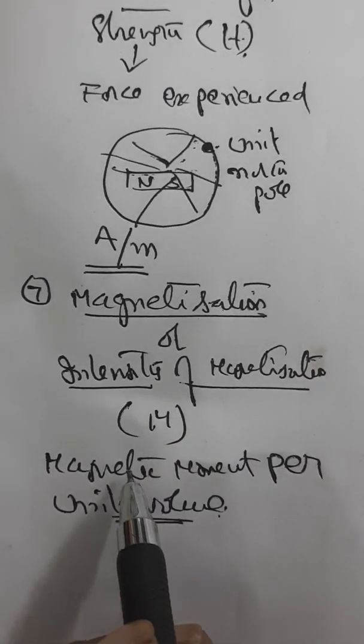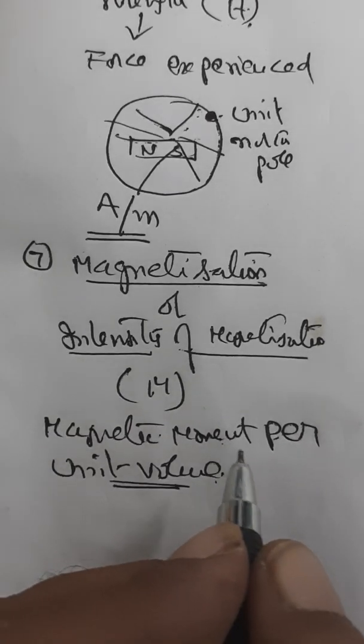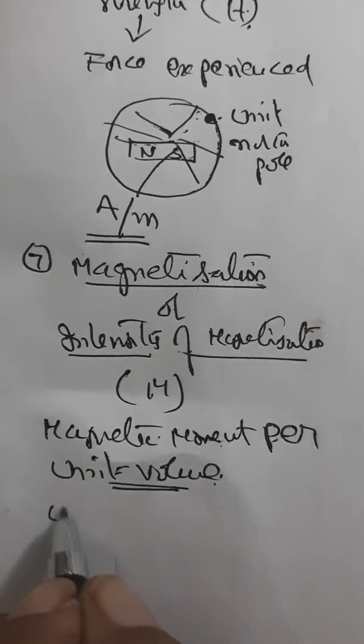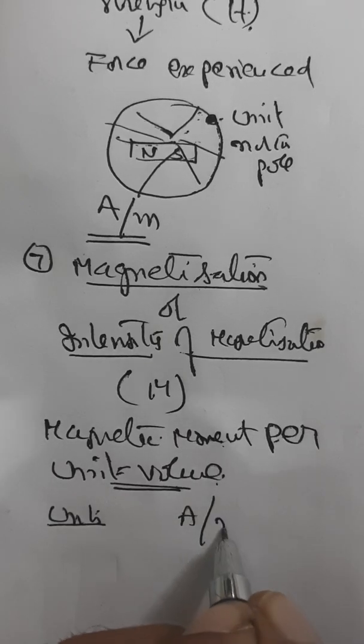Magnetization is defined as magnetic moment per unit volume. So, magnetic moment per unit volume means, what are its units? Ampere per meter.